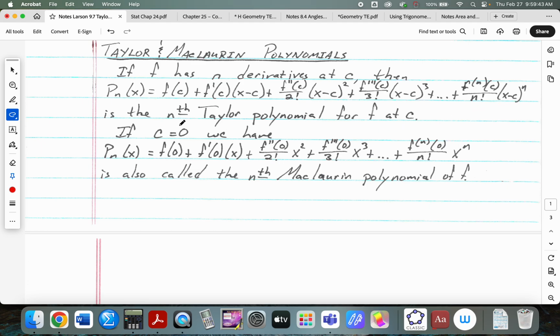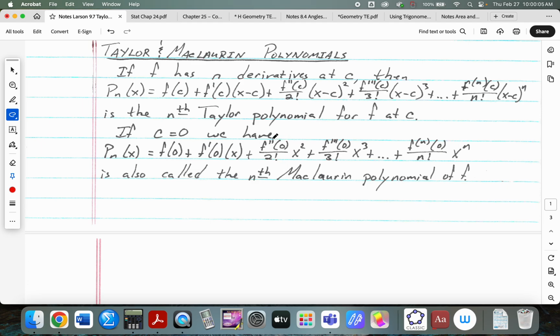This is called the nth Taylor polynomial for f at c. If c happens to be equal to 0, in other words, if we center our approximator at 0, then we have p sub n of x is equal to f of 0, plus f prime of 0 times x, plus f double prime of 0 over 2 factorial.